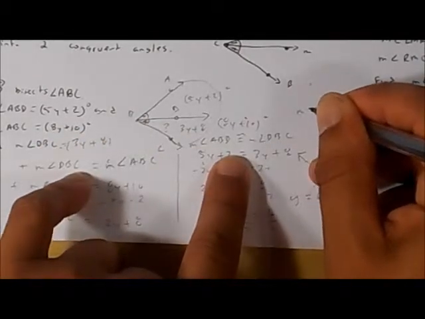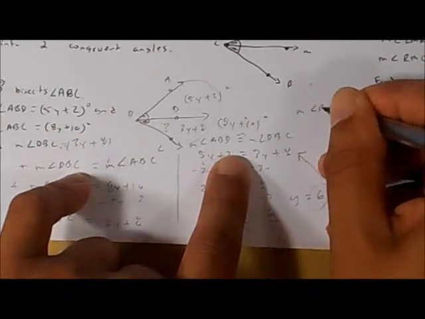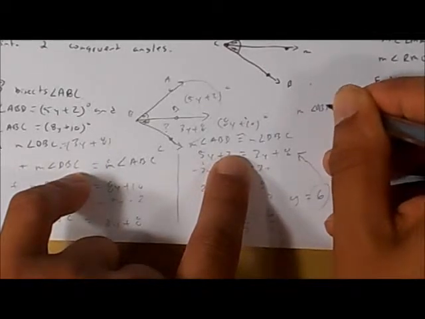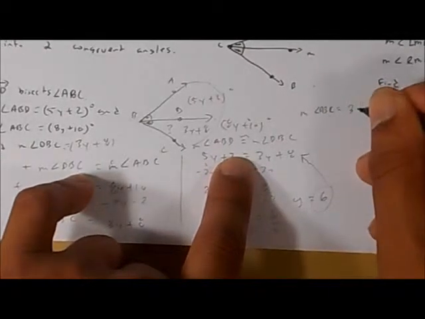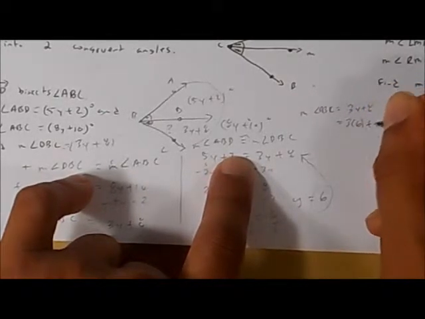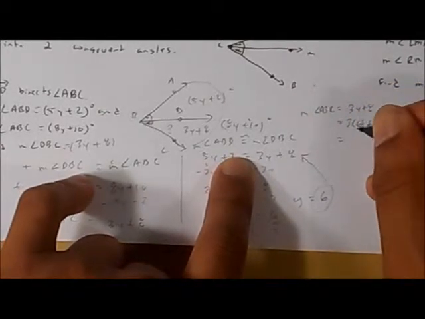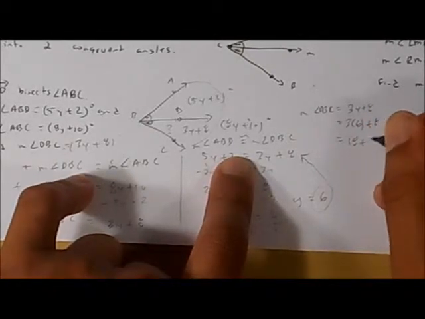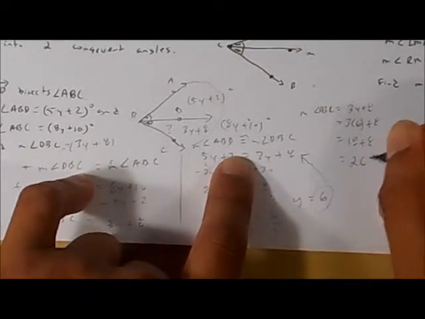So I'm running out of space. So the measure of angle DBC is equal to 3y plus 8. 3 times 6 plus 8. So it would be 18 plus 8, which equals 26 degrees.